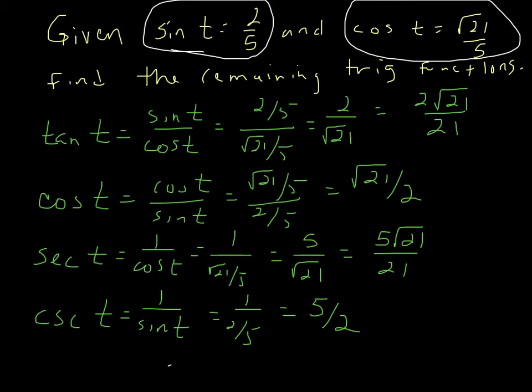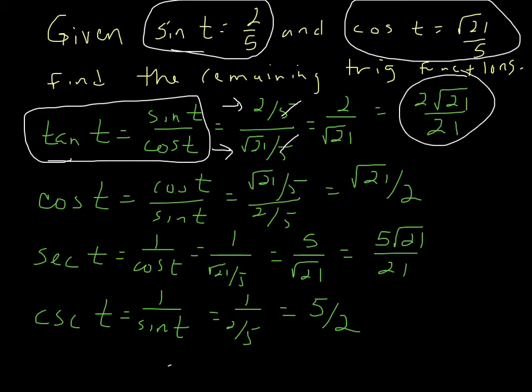So the tangent of t, remember we just defined tangent as being the same thing as the sine divided by the cosine. So I know that the sine of t was 2/5 and I know that the cosine was square root of 21/5. That would simplify because the 5's would divide out, leaving 2 divided by square root of 21, which when we rationalize that denominator gives us 2 square root of 21 divided by 21.